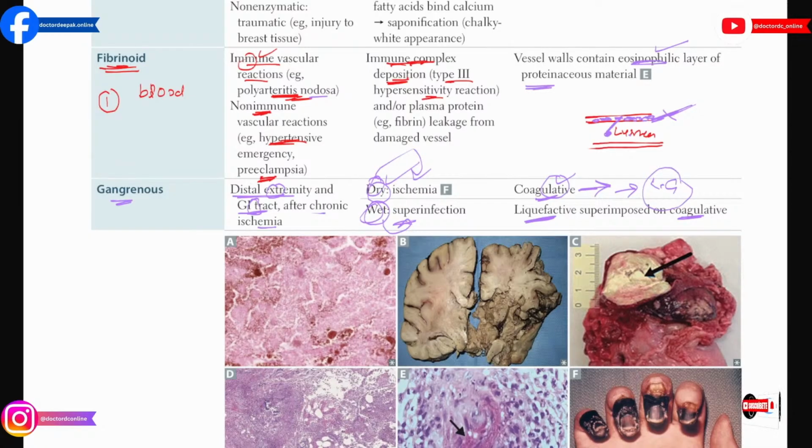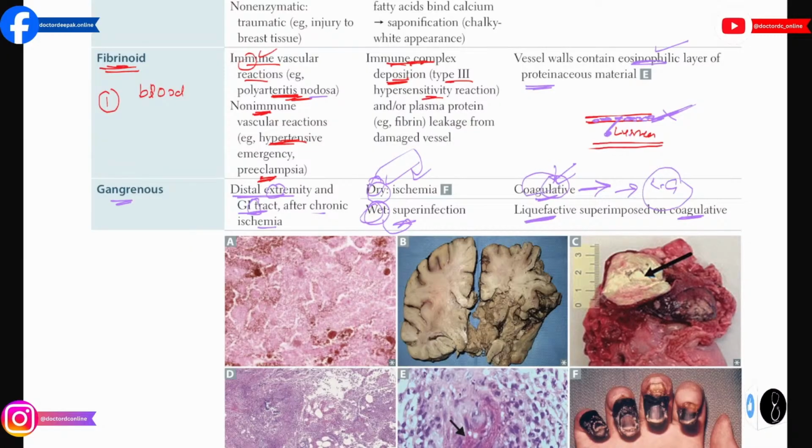These are the important points. So let's again highlight the important points in gangrenous necrosis. First, coagulative necrosis resembles dry necrosis or dry gangrene. Then keep in mind, especially the lower limb and the GIT tract are going to show gangrenous necrosis. If a dead tissue is already dead because of coagulative necrosis, and it gets a superimposed infection, that dead tissue will become liquefied, and the liquefied thing is always wet.